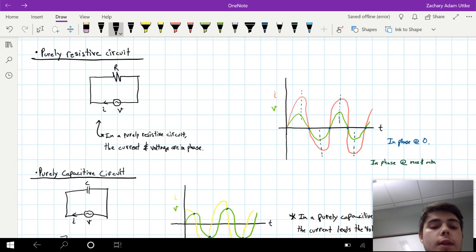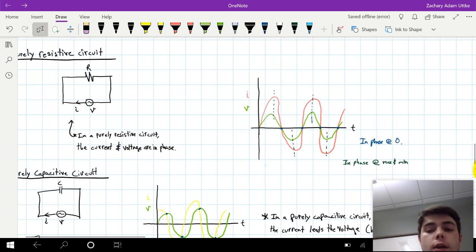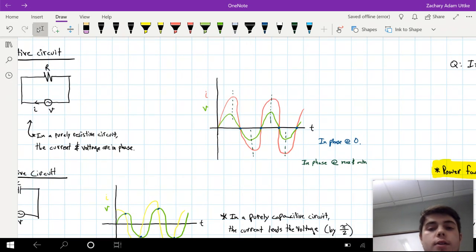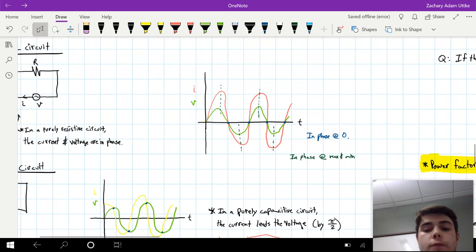we can see that the current and voltage are in phase. And what that actually means is being in phase is if we draw it out on a little graph here against time. So as we go, the voltage and the current, the maximums and minimums are going to be at the same point in time.